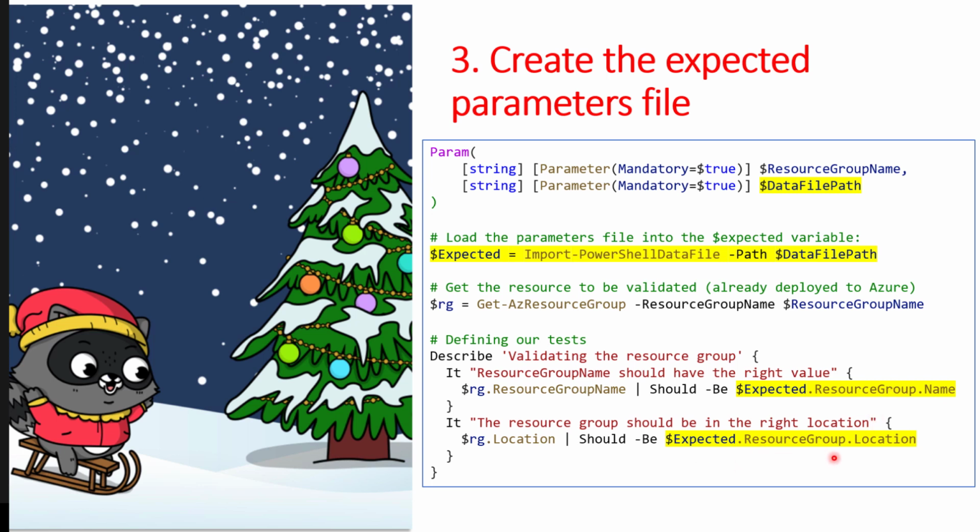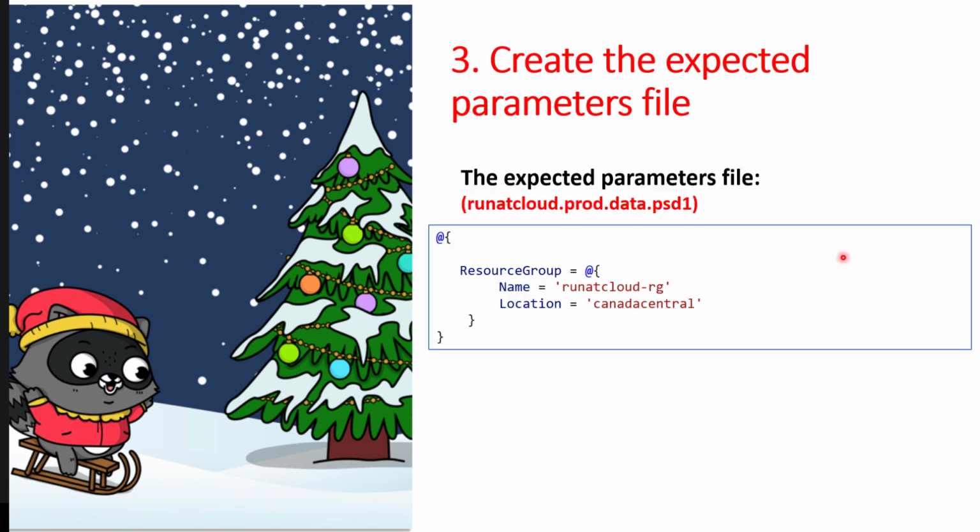Same here for the location. I have a resource group section, and inside that section I have a key value pair called location. That's important. Why I'm talking about that is that this will help you understand the structure of that PowerShell data file.